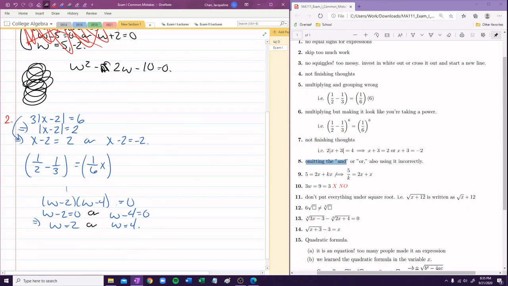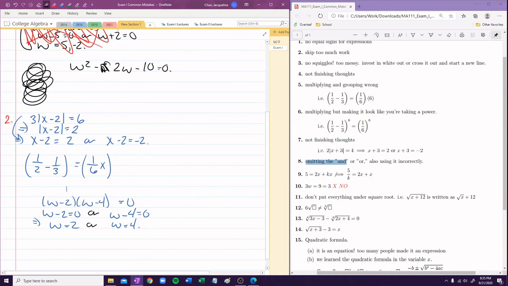Right, so let's think about that, because for "and", both of the solutions have to be true in order for it to be a solution. Okay, as opposed to "or", it's saying for my equation, w equals 2 satisfies it, or w equals 4. So that means it's one of these two.